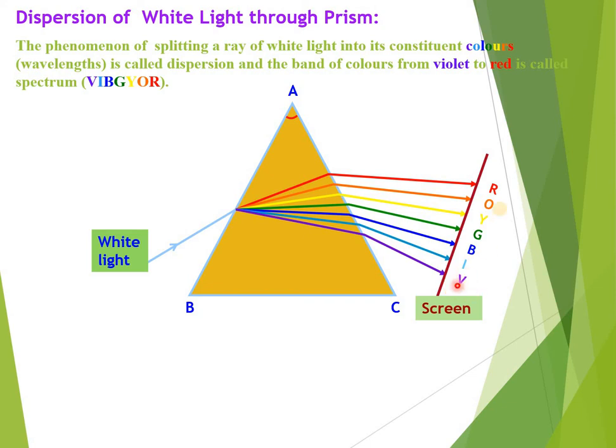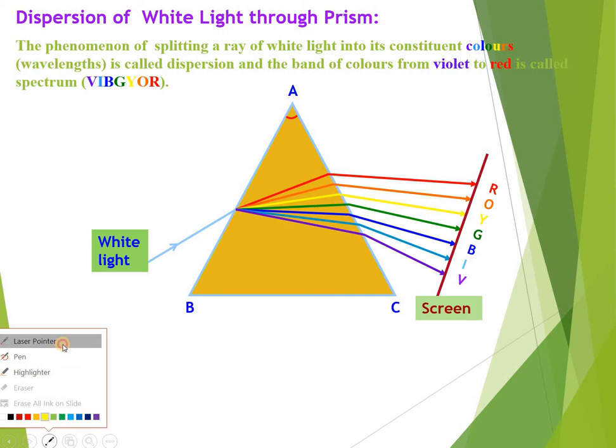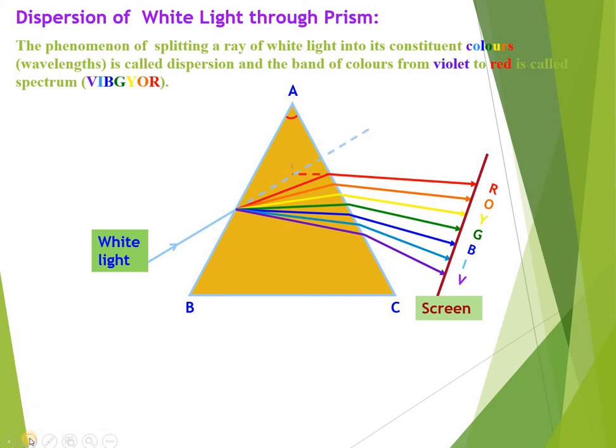So violet is at the bottom and red is at the top, because red has the least deviation and violet has the maximum deviation. So the cause of dispersion is the fact that white light consists of 7 colors and every color has a different wavelength, and refractive index depends on wavelength. So the bending for every color is different. Here in the figure you can see that for the red color the angle of deviation is delta R, and for the violet color it is delta V.